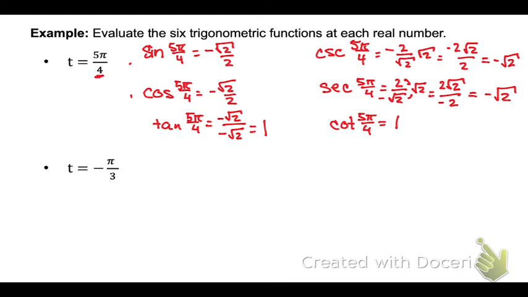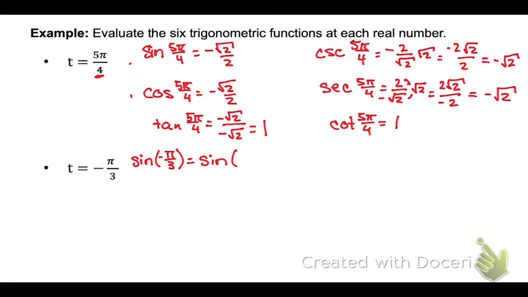Okay, so now we have t is negative pi over 3. Now, the sine of negative pi over 3 is going to be equal to the sine of, look on your circle, if I go negative pi over 3, what positive angle am I the same as? Negative pi over 3 is negative 60 degrees.